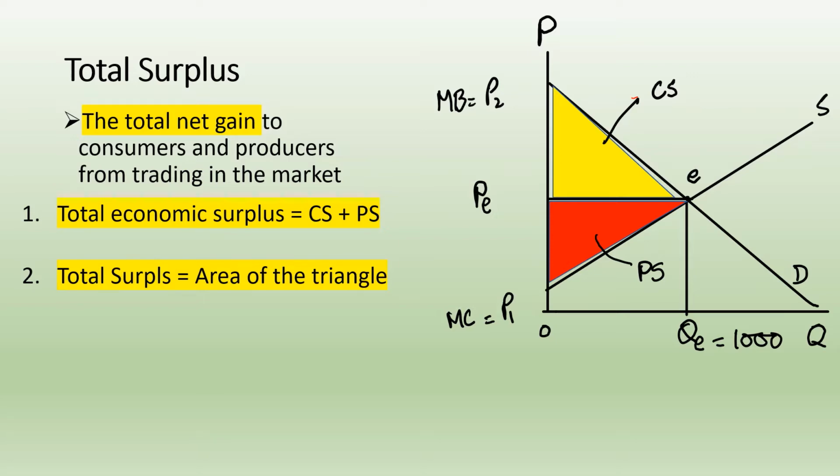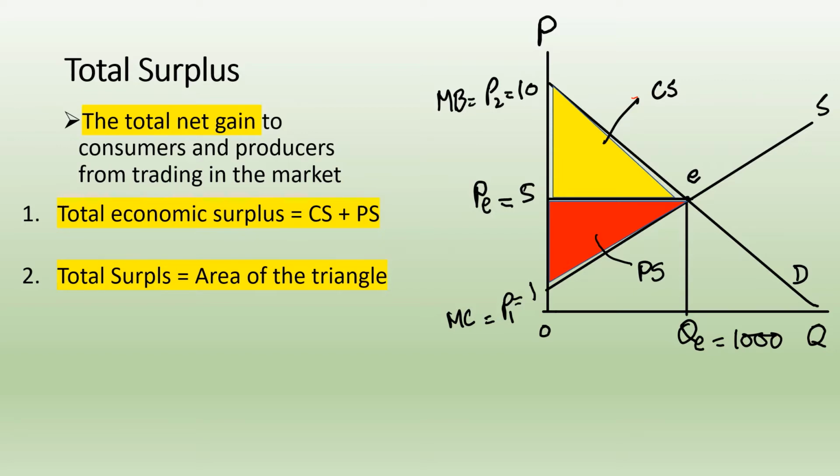Okay, so if we again consider the same market of rice, then it will be easy for us to calculate total surplus. In the previous example where we calculated consumer and producer surplus, we assumed that the equilibrium price was 5 and quantity was 1000, the marginal cost or P1 or the seller's reservation price was 1, and the buyer's reservation price is considered as 10.